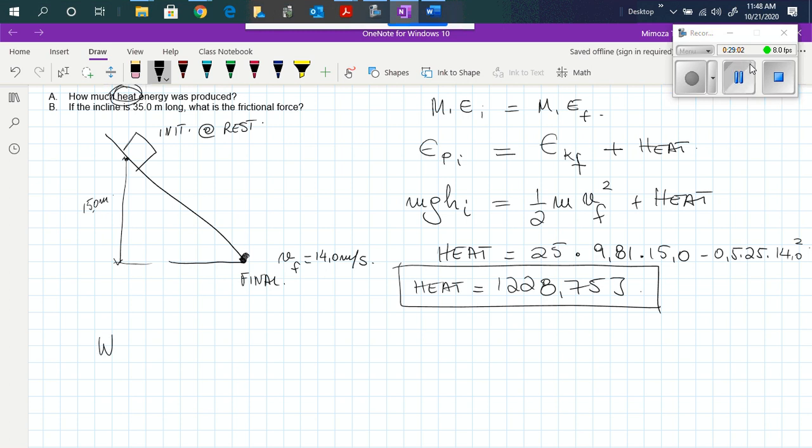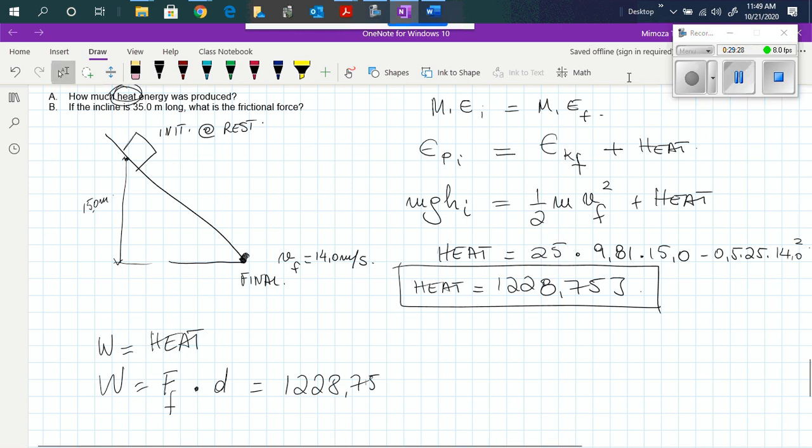And now, based on the work energy principle, we can say that work done is equal to the energy, which in this case is in the form of heat. Work is force, and the force that we are dealing with here is the force of friction times d, equal to 1228.75.